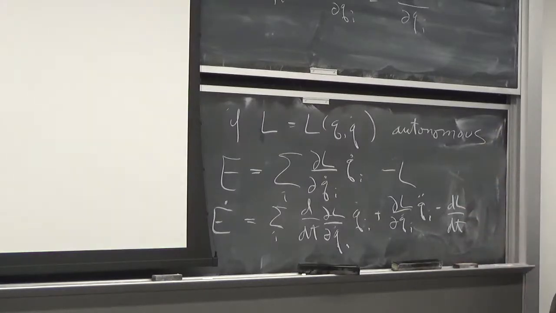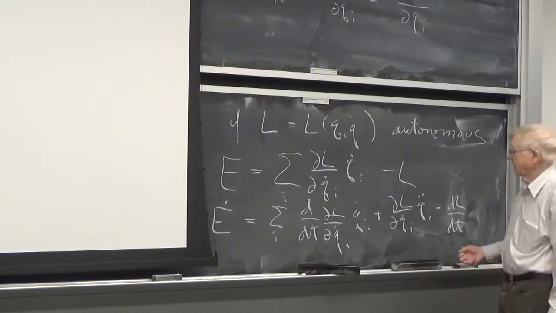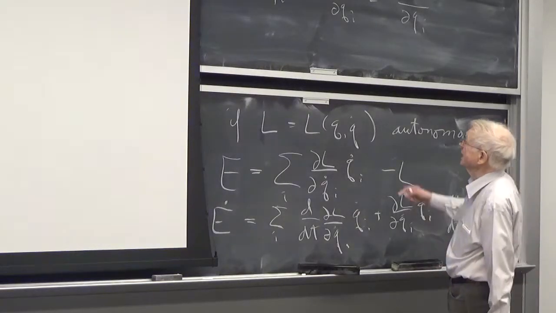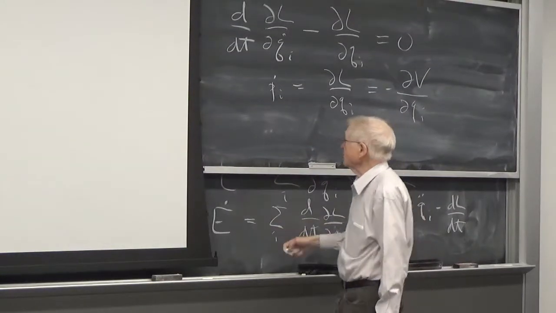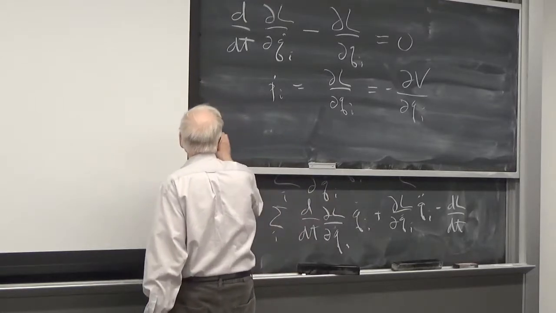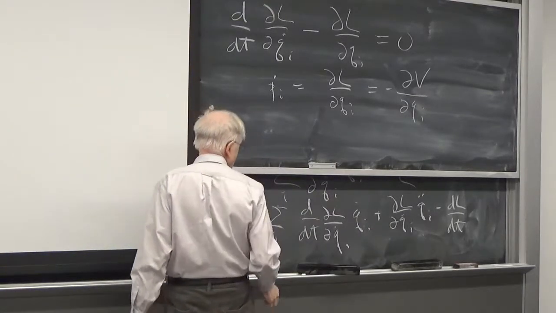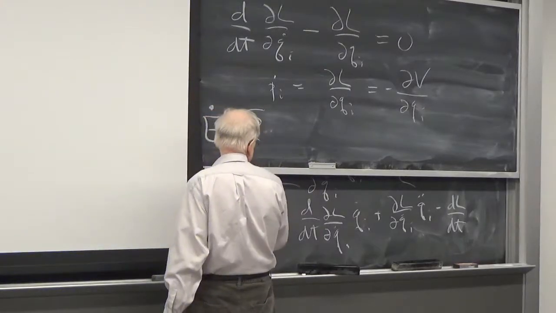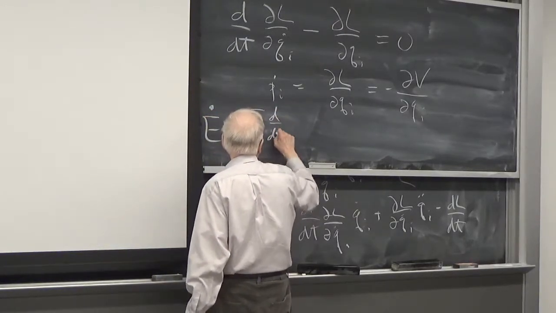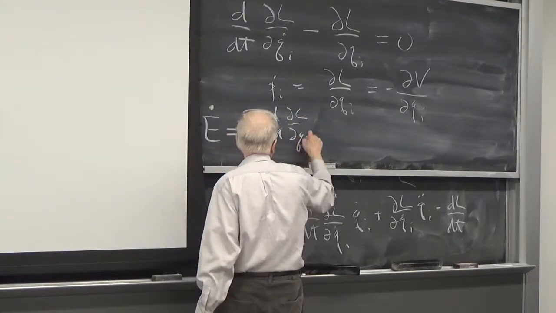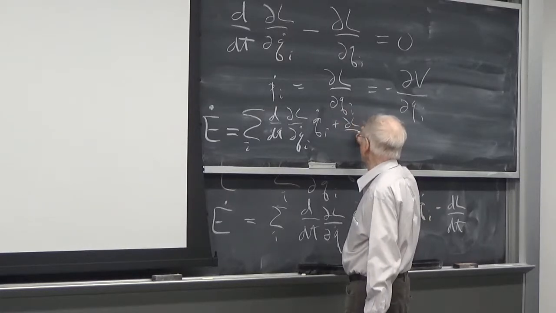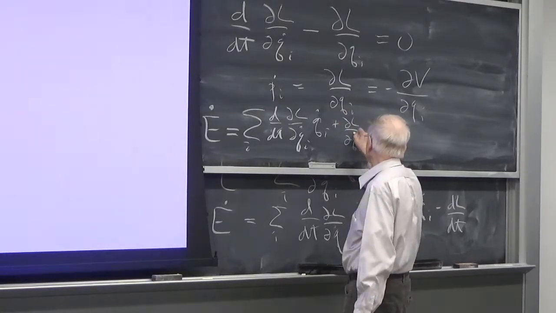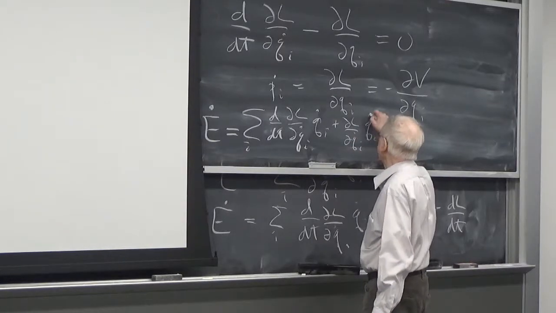But the total time derivative of L, if L doesn't explicitly depend upon time, and I'm running out of blackboards, so I'm going to rewrite this equation here. E dot is equal to a sum on i of d/dt of partial L partial qi dot, plus partial L partial qi dot qi double dot.